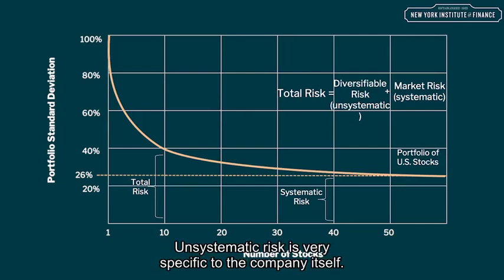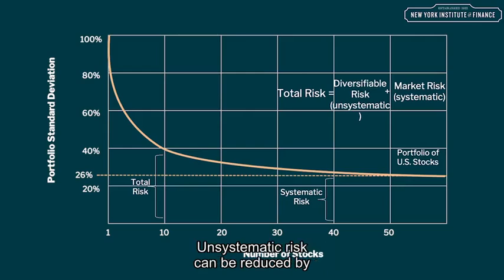Unsystematic risk is very specific to the company itself. Unsystematic risk can be reduced by adding assets to the portfolio. And what happens then is unsystematic risk actually decreases and begins to approach systematic risk.